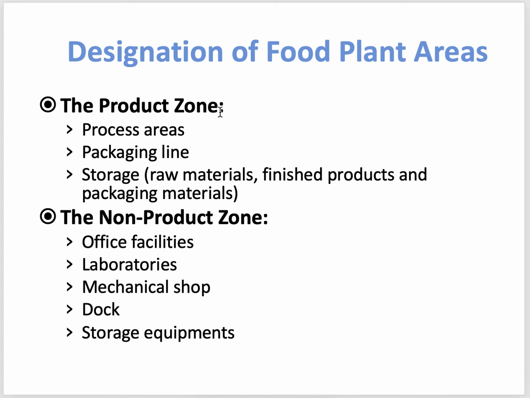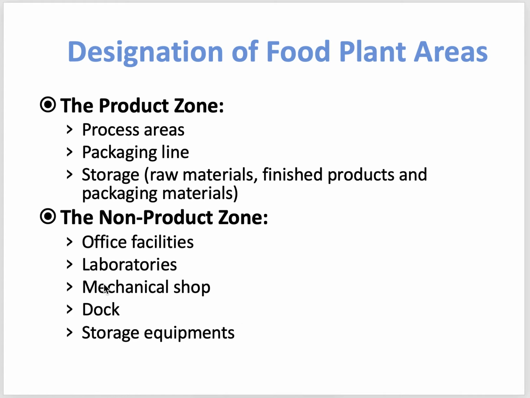The product zone includes the process areas, packaging line, and the storage facilities for the raw materials, finished products, packaging materials, etc. And the non-product zone includes areas for office facilities, laboratories, mechanical shop, dock, and storage equipment.